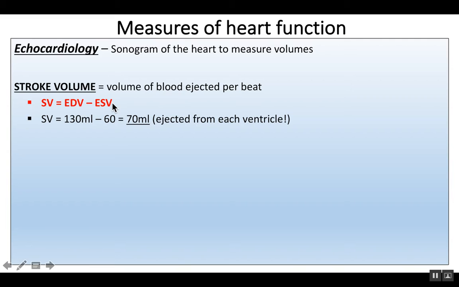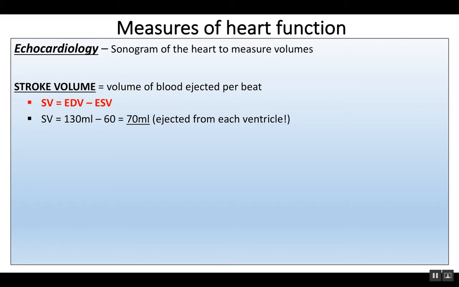And we can put those in a simple formula, which is stroke volume equals end diastolic volume minus end systolic volume. So what that means is if you take the amount of blood that's in a ventricle when it's full and subtract out what is left in there after it contracts, you would get how much is ejected.